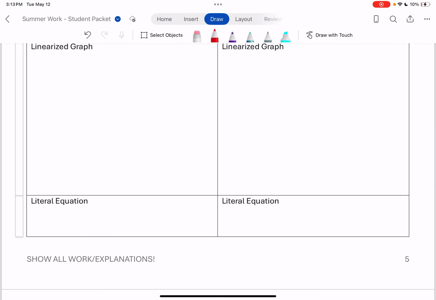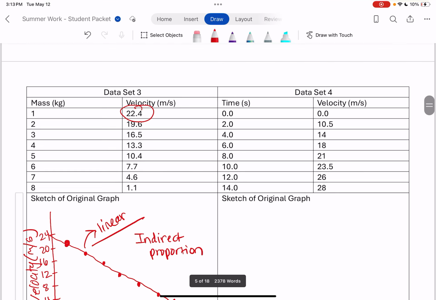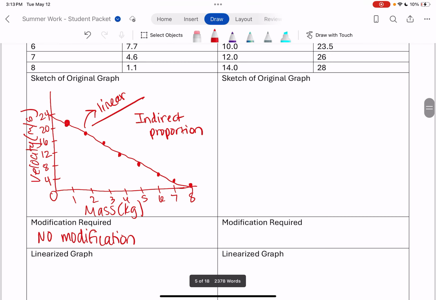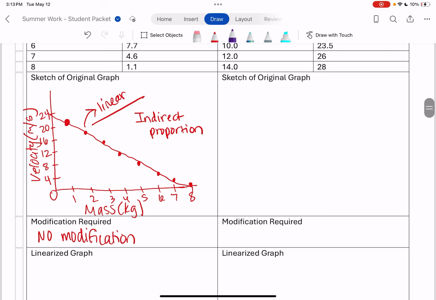This tells us that velocity equals some slope times the mass. M is mass, not M as slope. Velocity, mass. We just need to find our slope here.